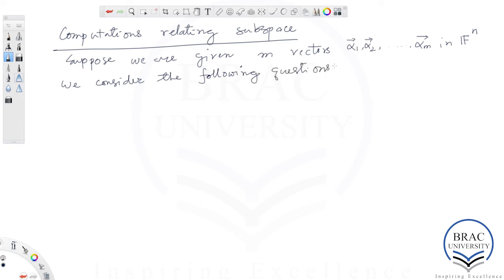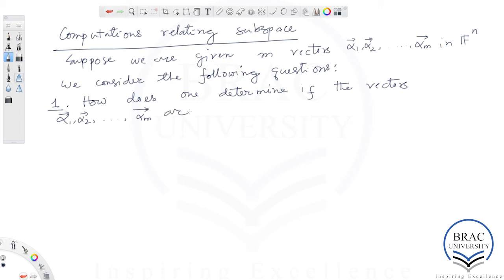The first question being, how does one determine if these m vectors alpha 1, alpha 2, all the way up to alpha m are linearly independent?